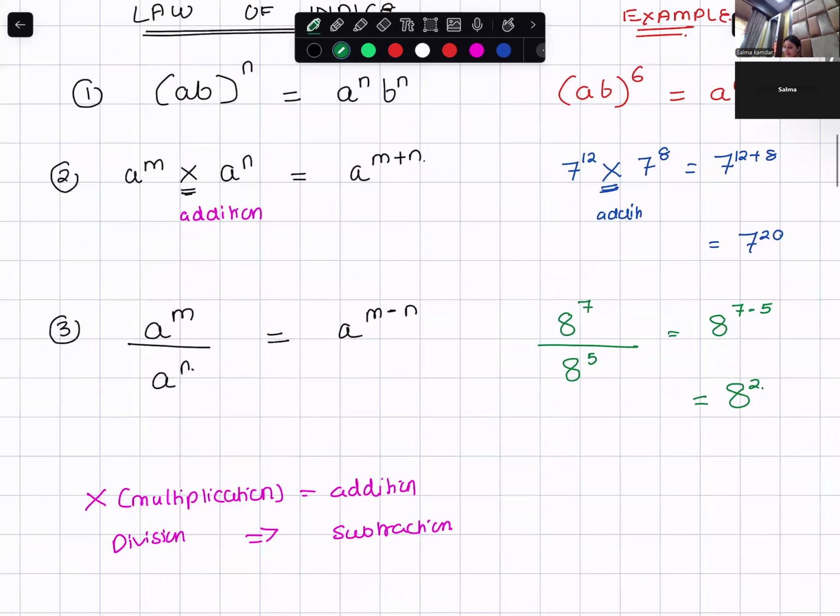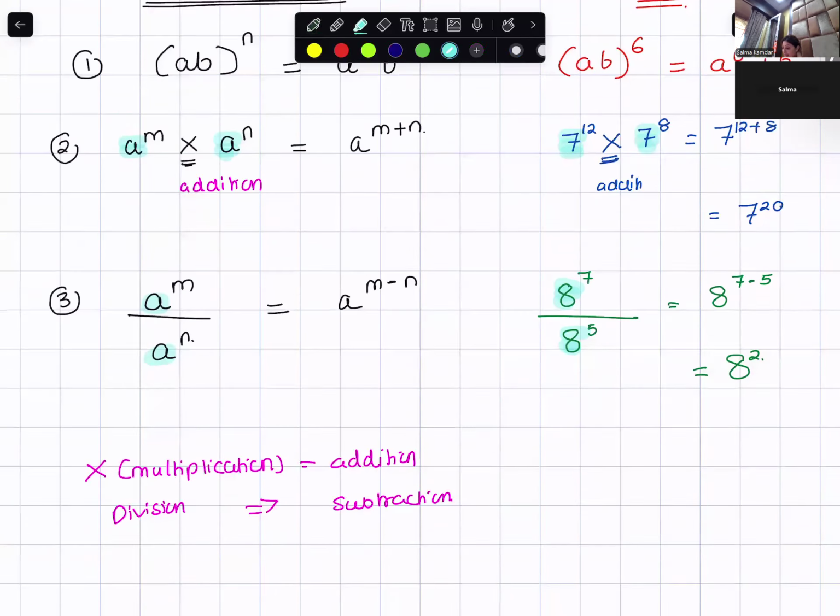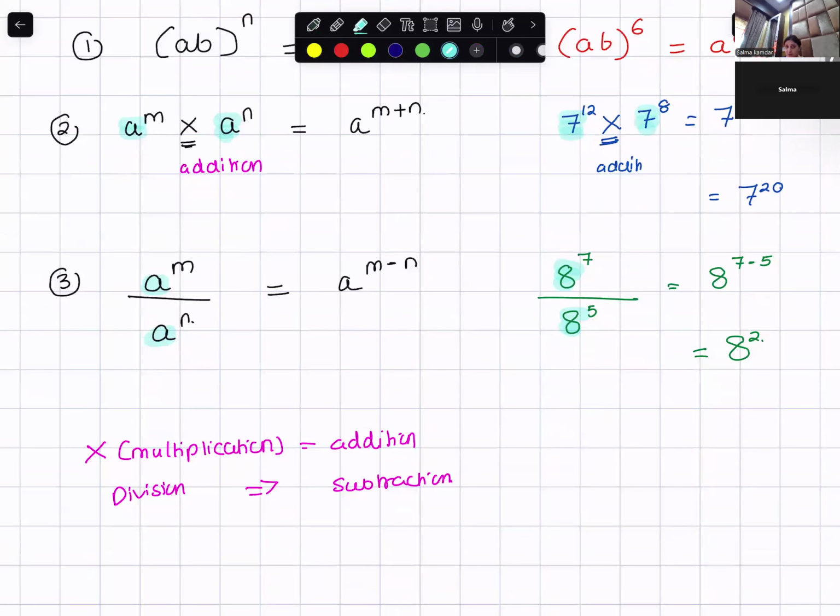Here it is very important to note that the base should always be the same. Only then can you apply the law of indices. Raised to is always the power.